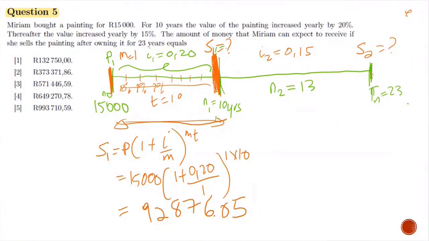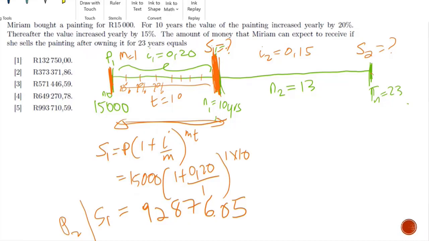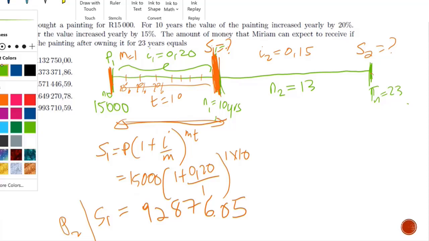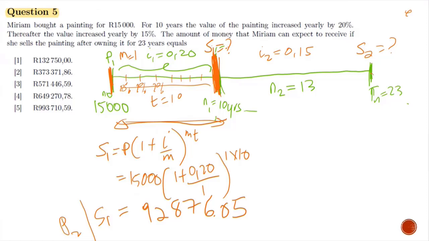The value you start with, which becomes your present value, is this very same value. So this one is your S1, and at the same time it becomes your P2, the present value for this new period. Now we are looking at this new period.